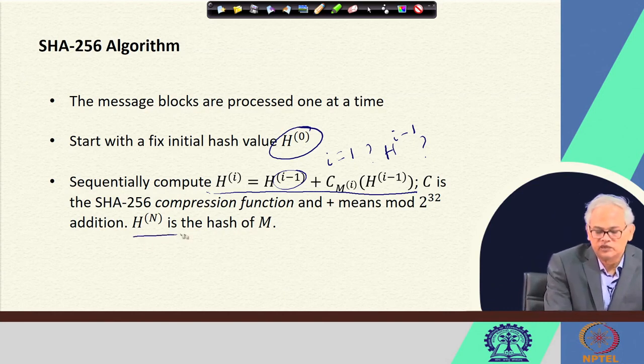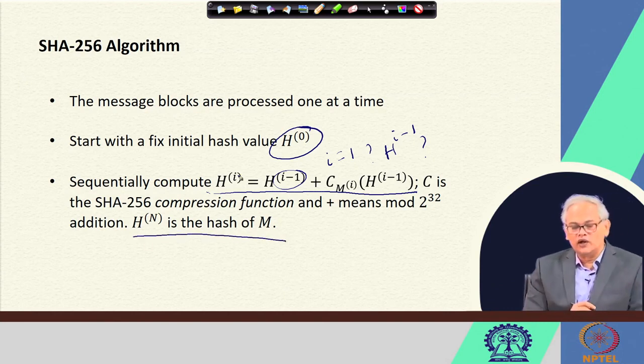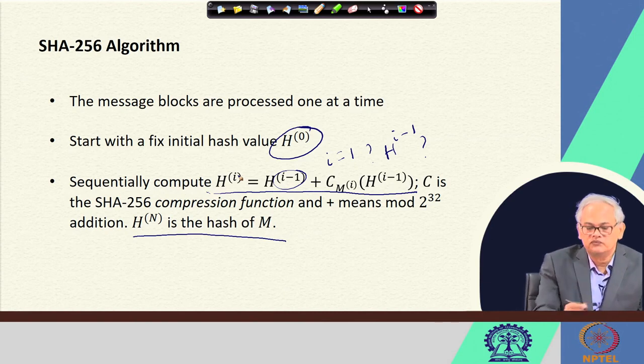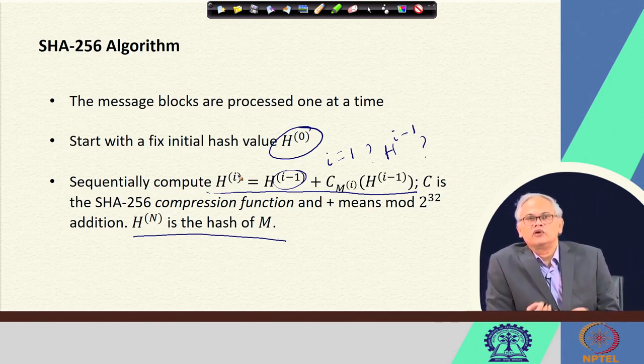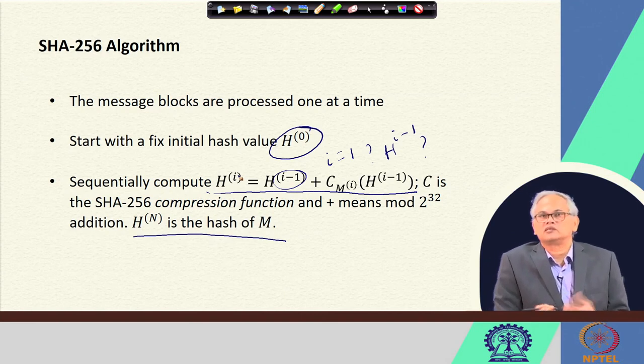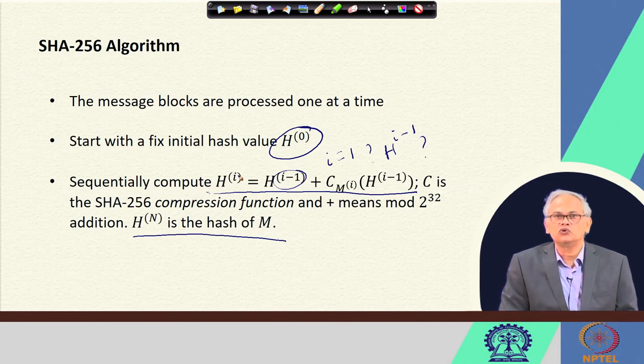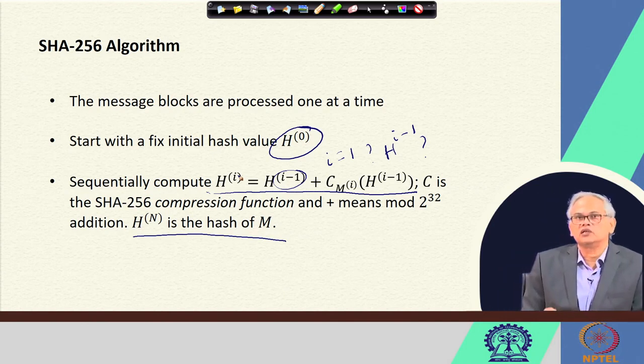So, that means that I first get H1 from H0, as you can see from this relationship, and H0 is fixed as an initial value of the hash. Then from H1 we can get H2, and from H2 we can get H3, and so on, and finally we will get Hn, which is the hash of M. And what is n?